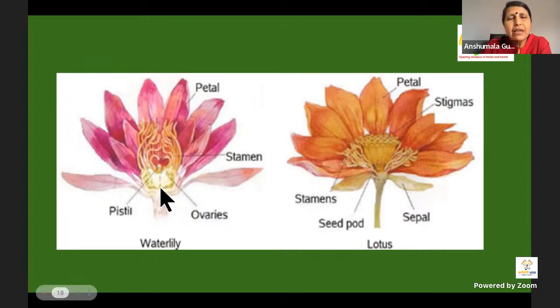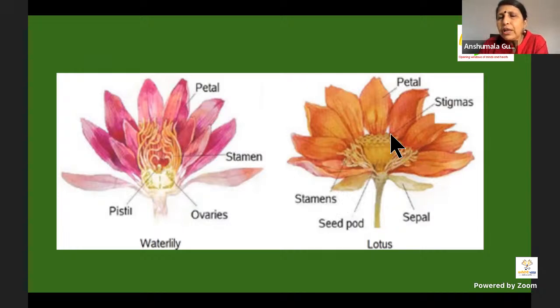And if I'm not mistaken, water lilies trap the insect inside, let the insect explore for quite some time. The males keep brushing against the insect, and the insect has to explore a lot for the nectar, for its reward. By that time, the pollen goes to the female.